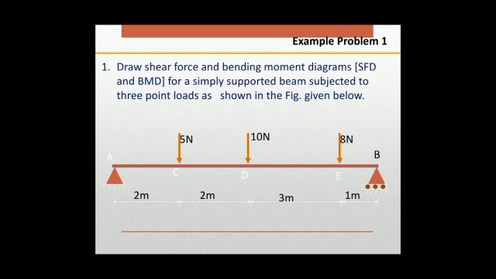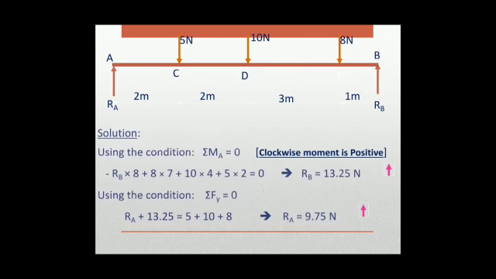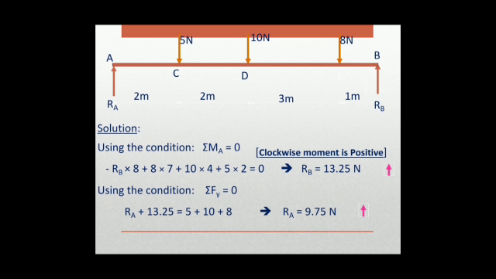Now calculate SFD and BMD. Draw shear force and bending moment diagrams for a simply supported beam subjected to 3-point loads as shown in figure. First, calculate reactions RA and RB by using equilibrium conditions. First condition, summation of moment is equal to 0.